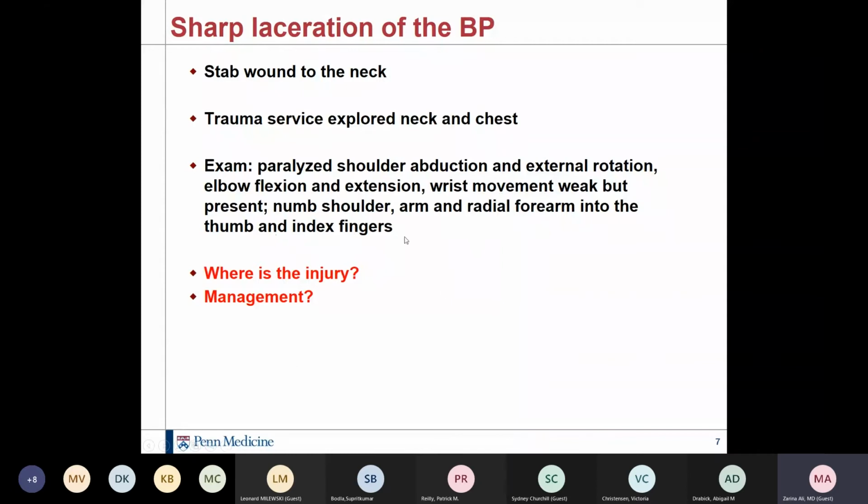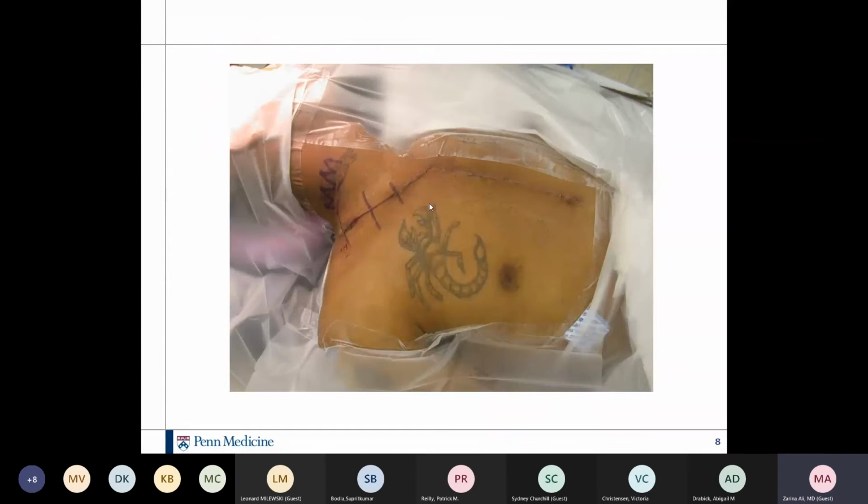So often the exam really guides us to, where can the level of this injury be? And you can see that he has weakness in shoulder abduction, external rotation, elbow flexion, extension. So we know his upper trunk has to be involved, and the sensory distribution gives us some information about probably the middle trunk also being involved here.